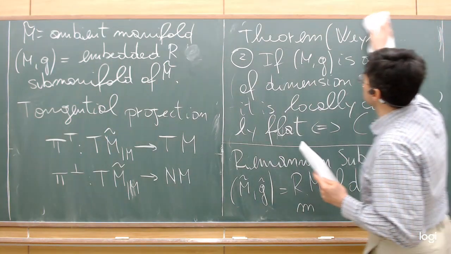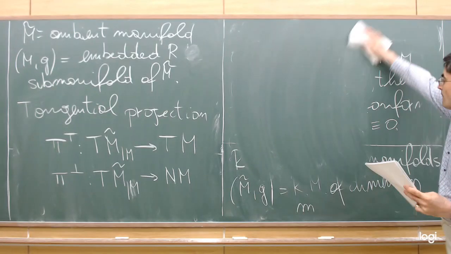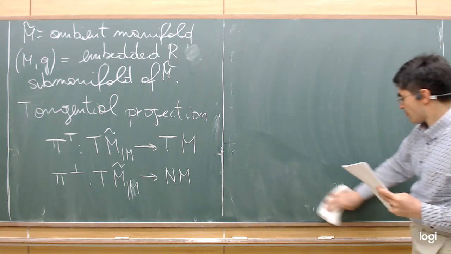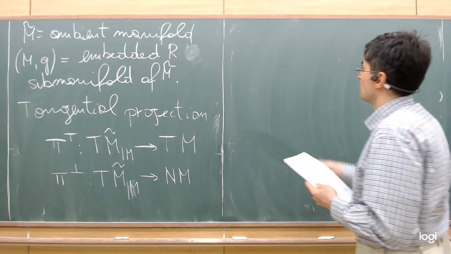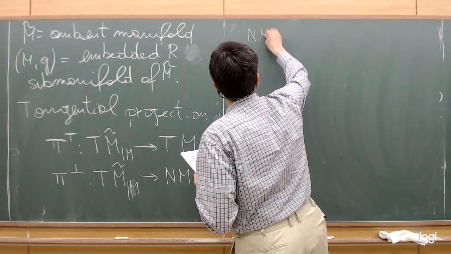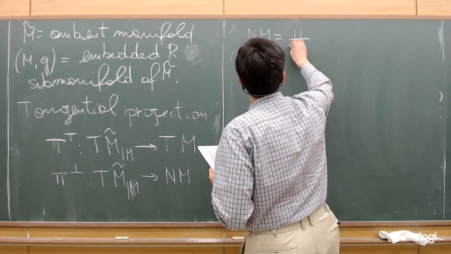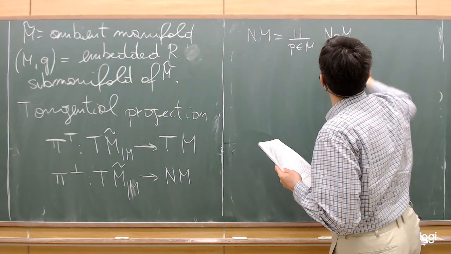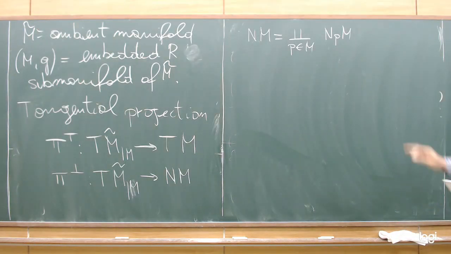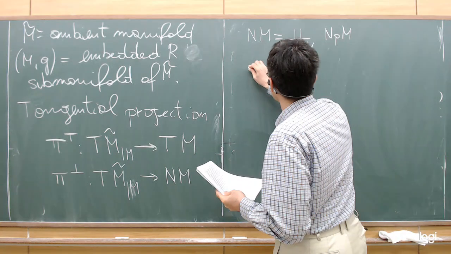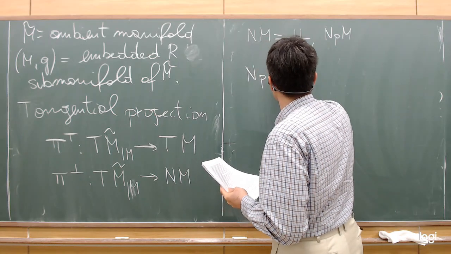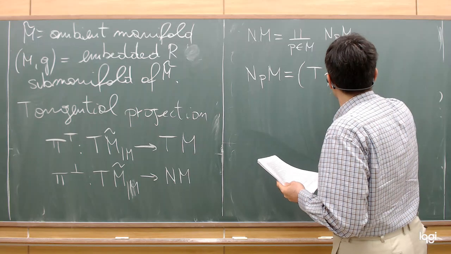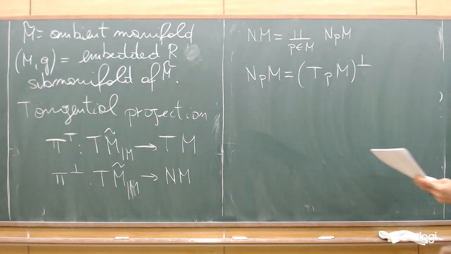I want to recall what is the normal bundle. This is the disjoint union of the normal space to the manifold M, which is defined as the orthogonal of T_pM.